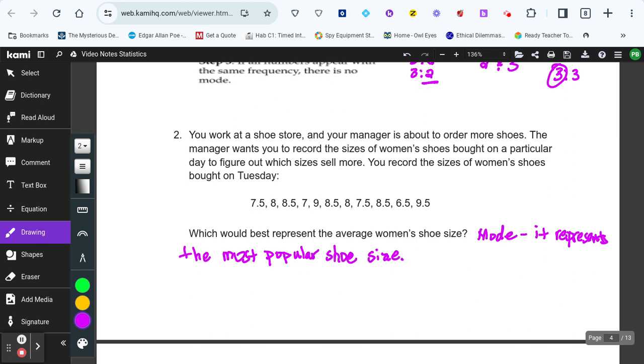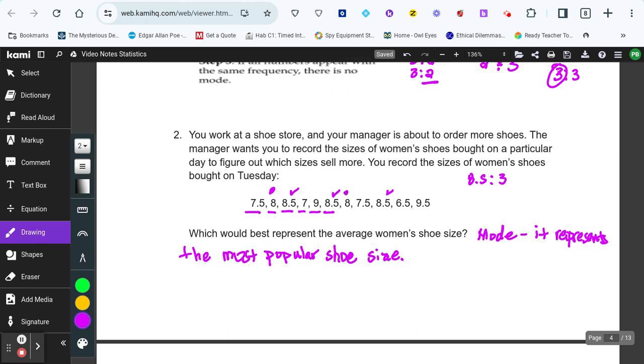Okay. All right. So I'm looking at these: 7.5, 8, 8.5, 7, 9, 8.5. I see 8.5 appearing 1, 2, 3 times. What about 8? 8 appears 1, 2, only 2 times.